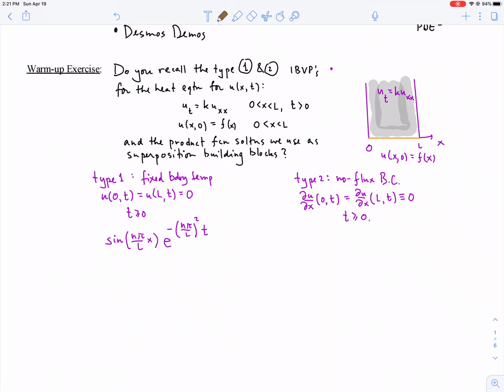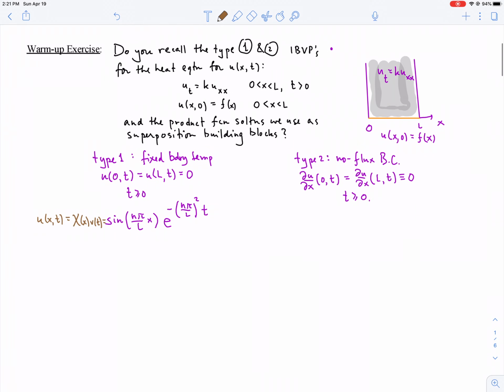So if this is my product solution, a function of x times a function of t, then u sub t is, well, the x part is just a constant, computing that partial derivative.